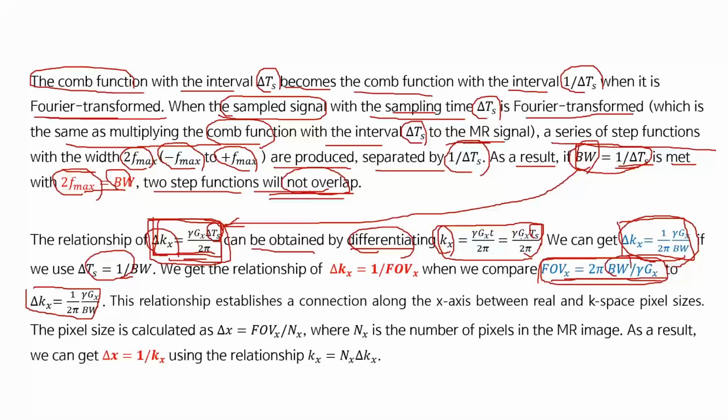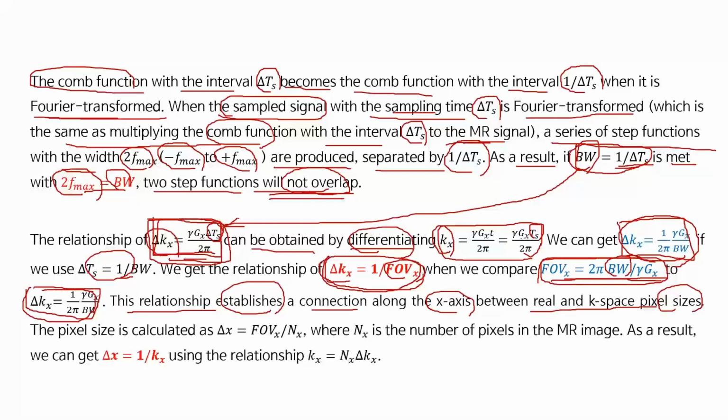So bandwidth is 1 over delta ts, and comparing these two relations, we can get this relation. So this relation establishes a connection along the x-axis, this FOVx, with the k-space pixel size.